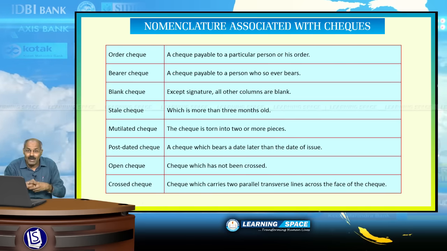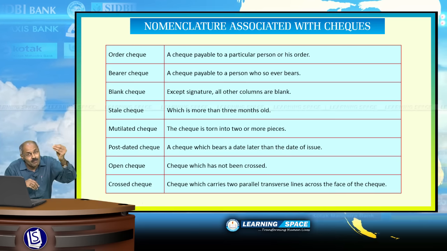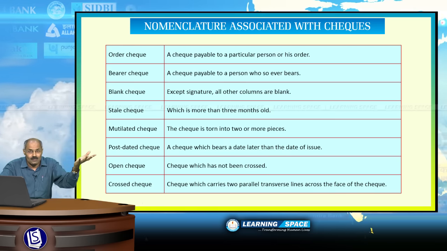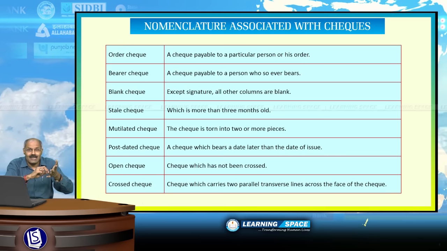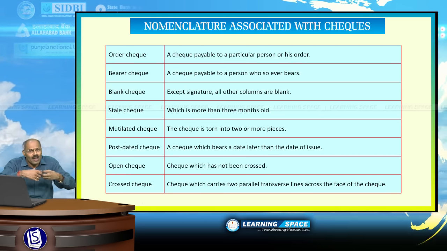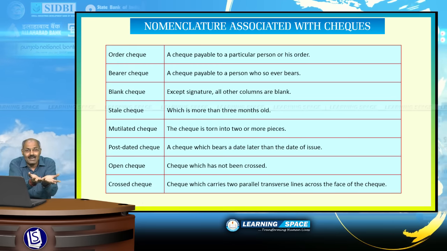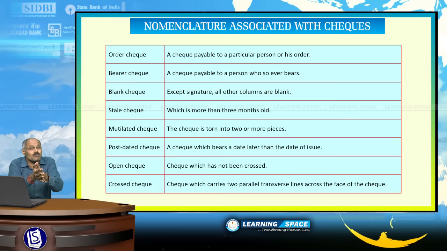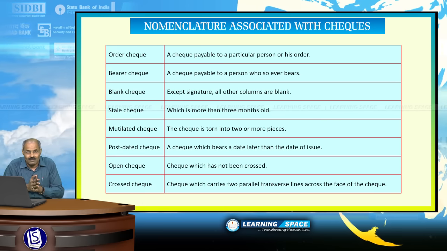Bearer check. A bearer check is a check payable to a person whosoever bears. Right? You are not writing the name of the person to whom it is to be paid, then you are giving the check, then it is a bearer check. One classic example of a bearer instrument is a currency note.